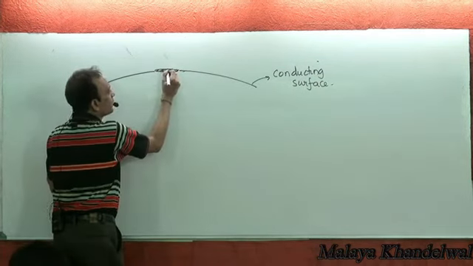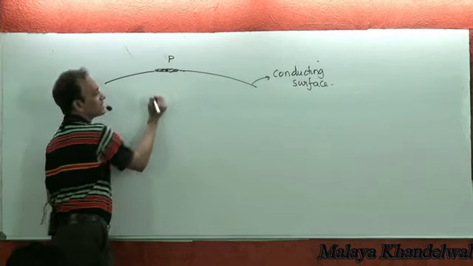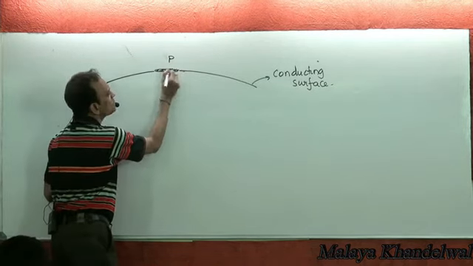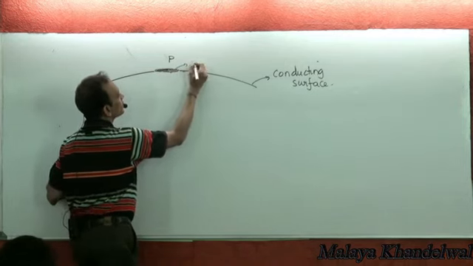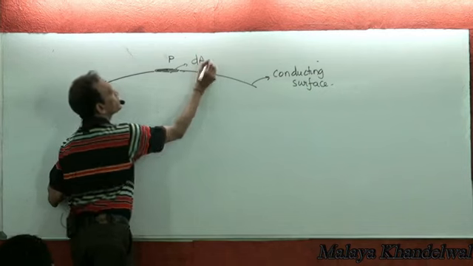And there is a certain point P on this conducting surface and a small area dA surrounding P.